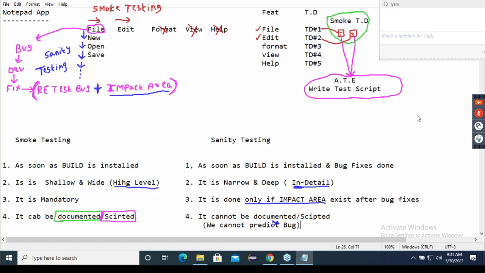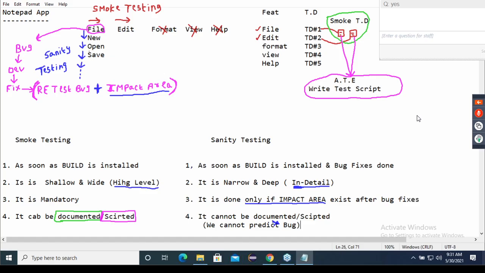Correct, after testing only. So how can you prepare a sanity document before testing? After testing, when I find a bug, and because of that bug there are any impact areas, only then we do sanity testing, right? So sanity testing cannot be documented because we cannot predict the bug. It is done after testing.